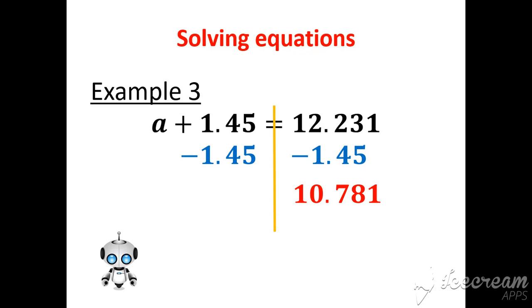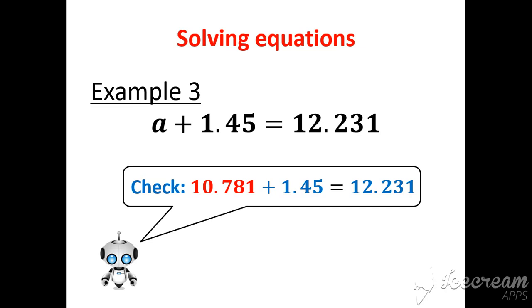And I get 10.781. On the left-hand side, see that minus 1.45 and plus 1.45, they cancel, and that leaves me with A. A is equal to 10.781. Quick check to make sure it's all good, and we're ready to go.